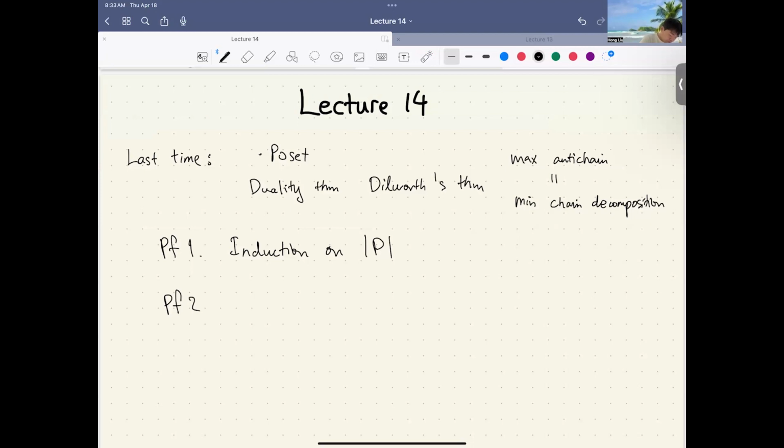The second proof, which is also an exercise, uses symmetric chain decomposition.